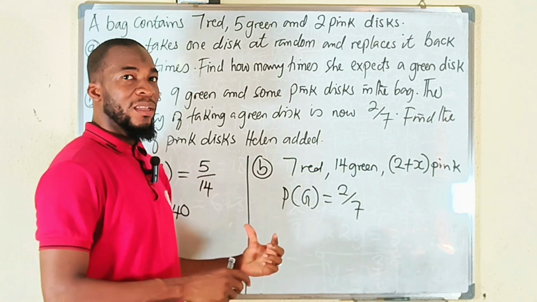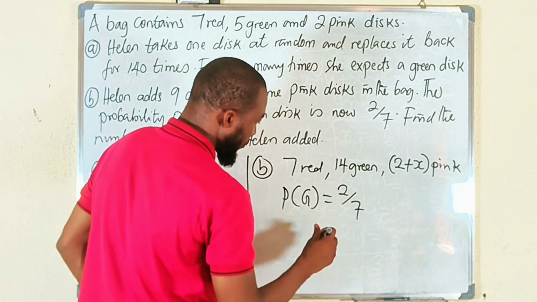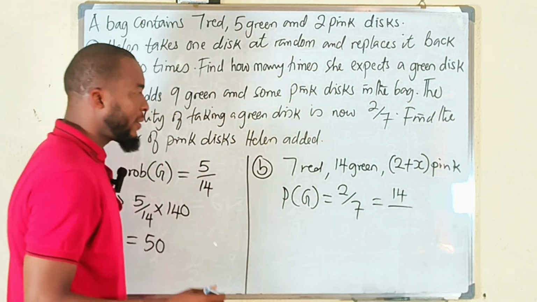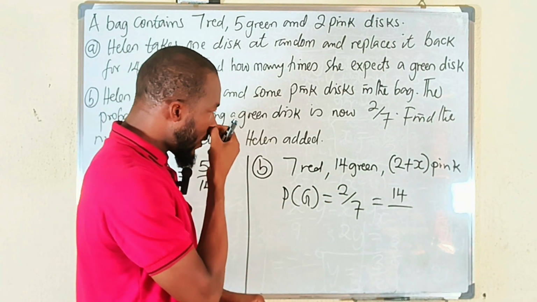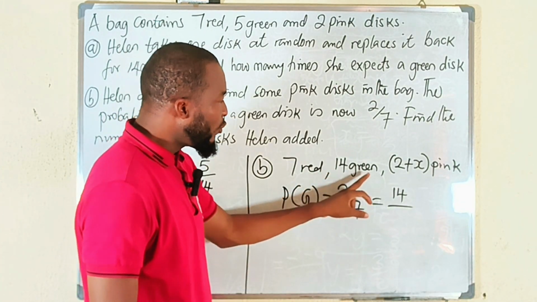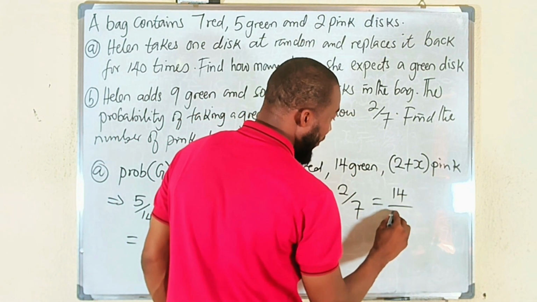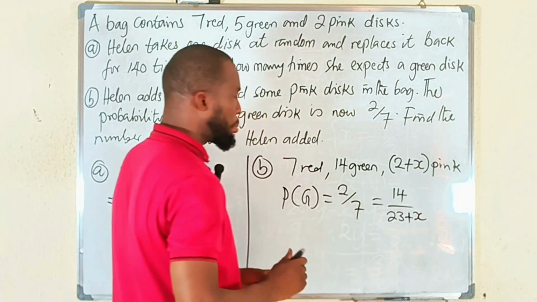Expected divided by the sample space. So green here is 14. So this is equal to 14 divided by the total. So let's add 7, and this one will give us 21, right? 21 plus 2 is 23, and 23 plus X. That is the total, 23 plus X.